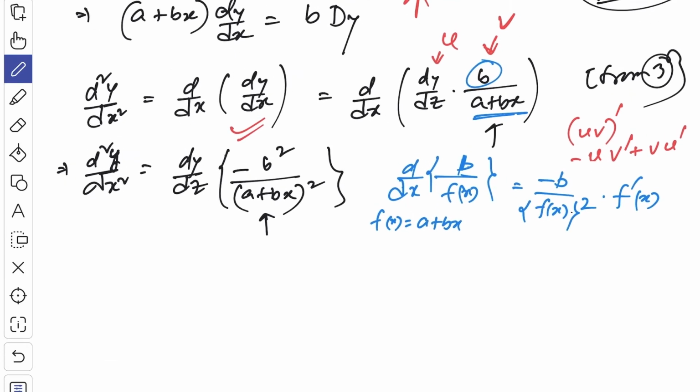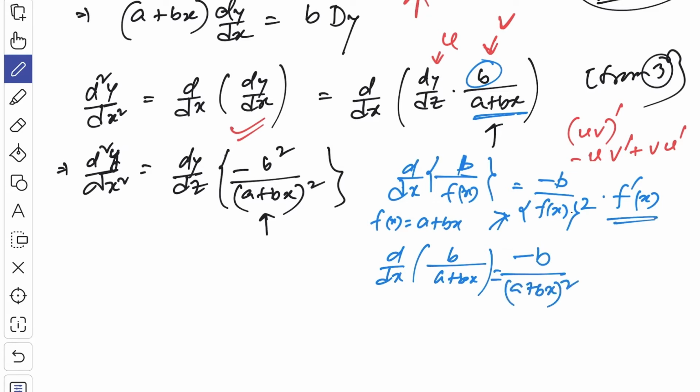So let me scroll down. Here you see, the derivative d by dx of b by a plus bx will be, according to this, minus b by f of x whole square, equal to minus b by a plus bx whole square. Then f dash x means the derivative of f of x, here that means the derivative of a plus bx.